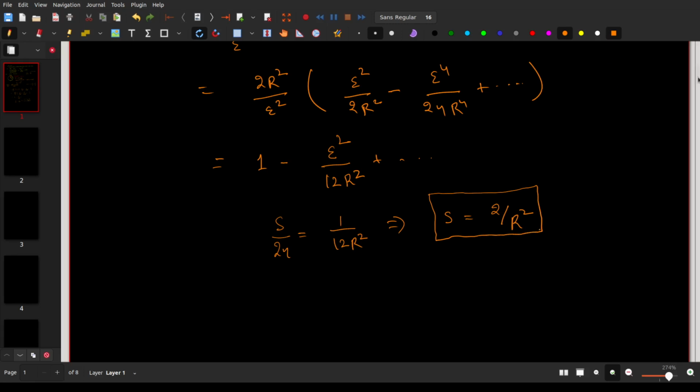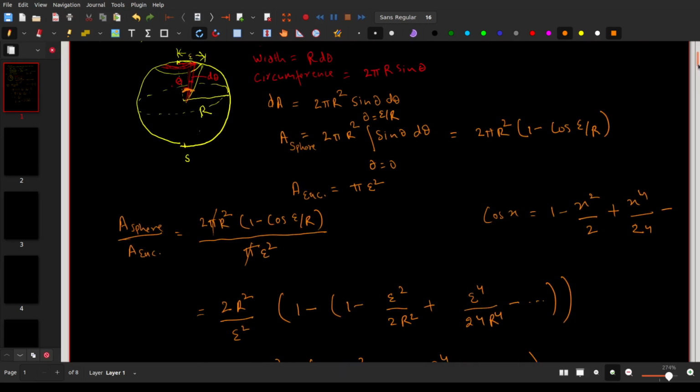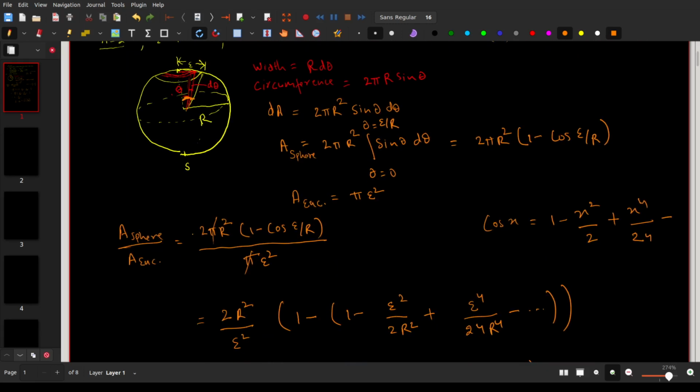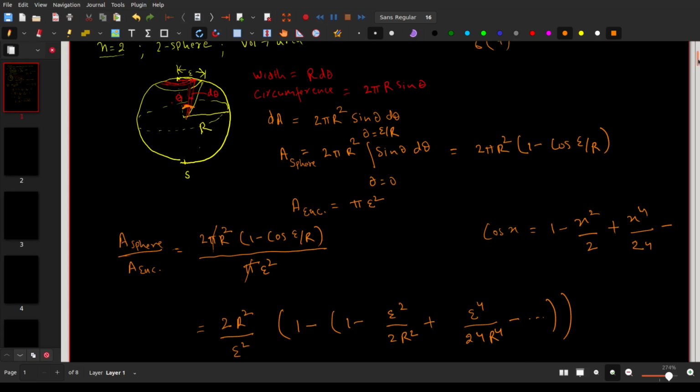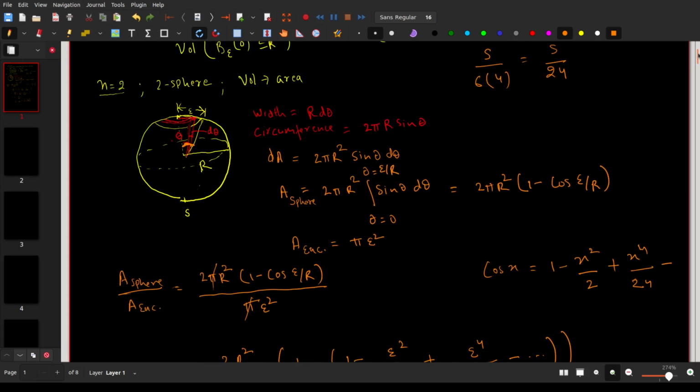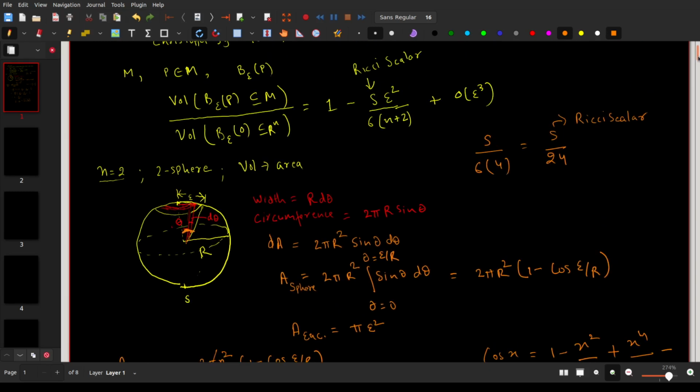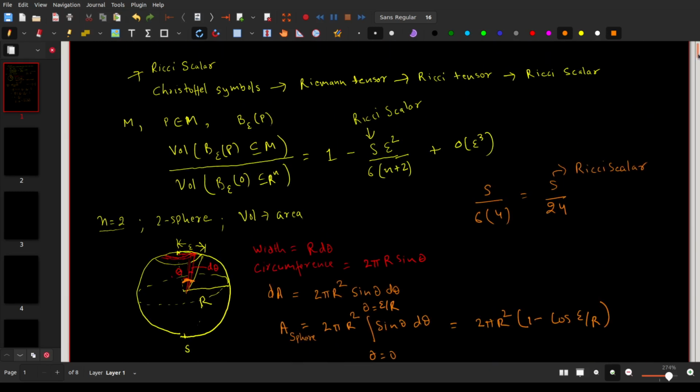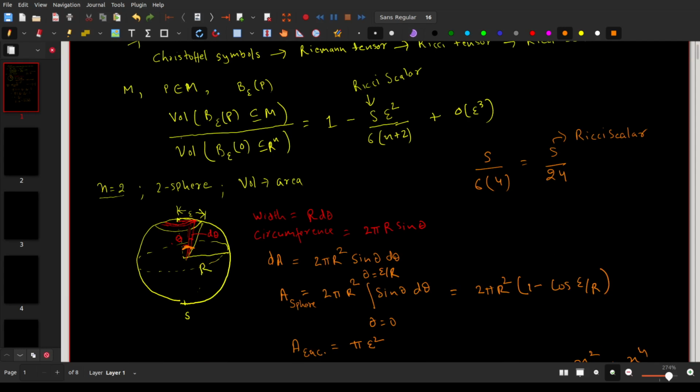And we have used this method of comparison of areas for calculation of this Ricci scalar. This is true in general for any n-dimensional Riemannian manifold by this formula.